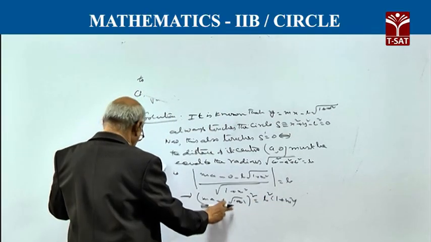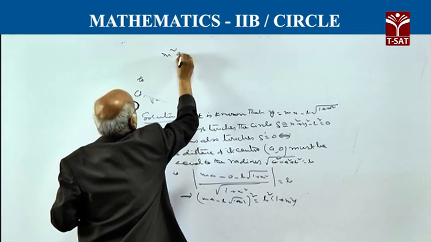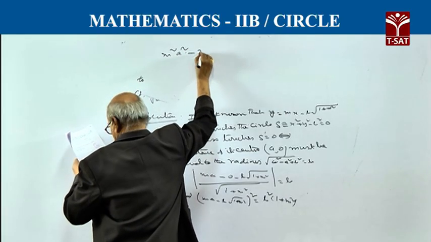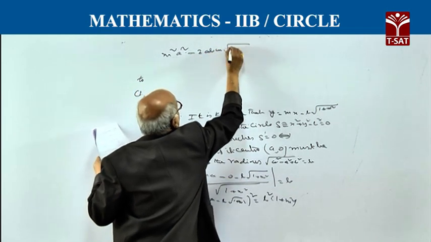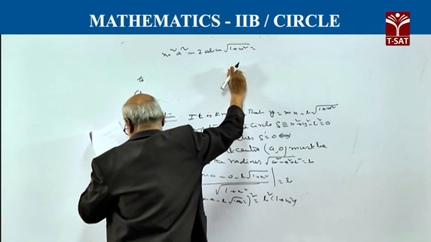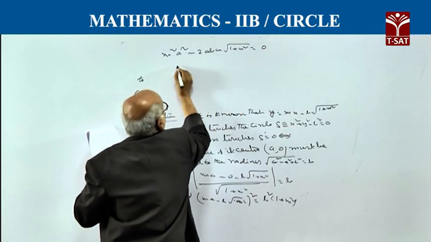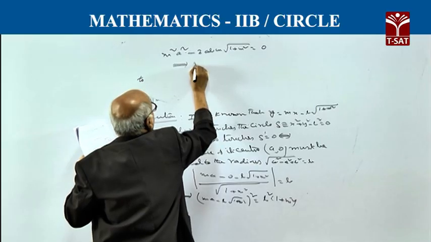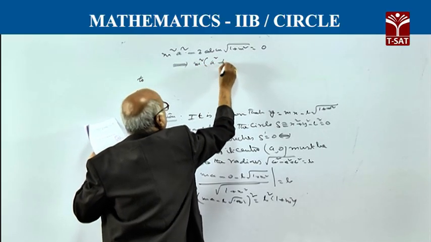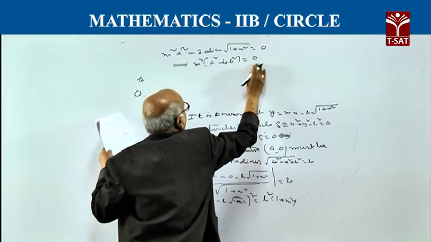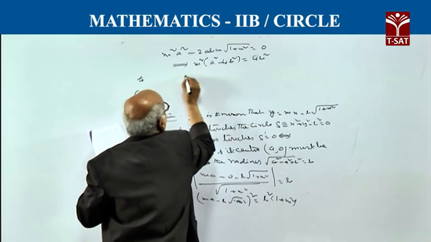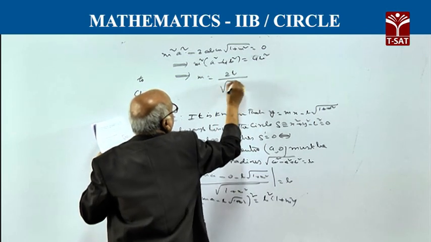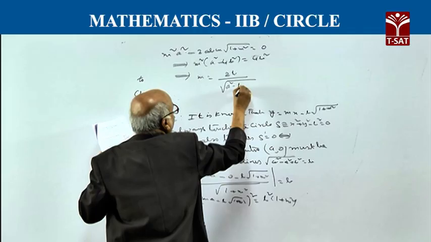If you simplify this one, you will get m square a square is equal to m square a square minus 2abm into root over 1 plus m square, plus b square, and so on.